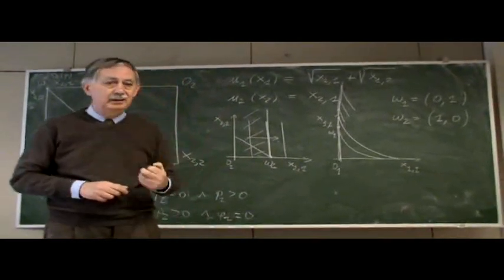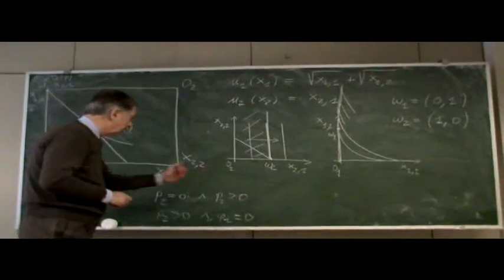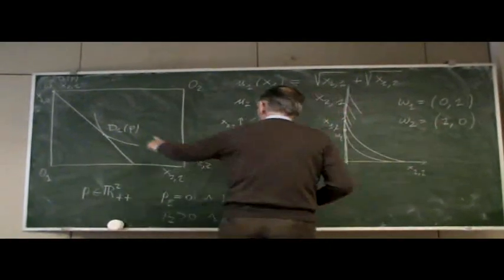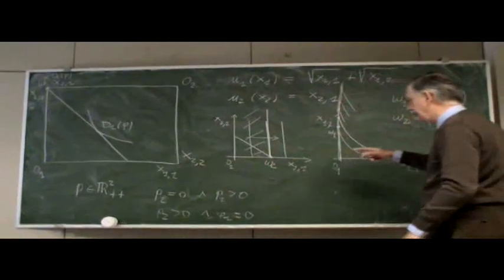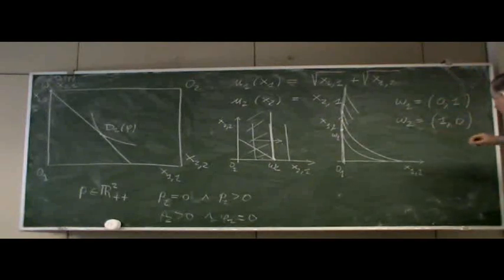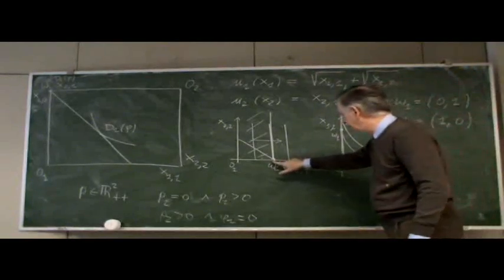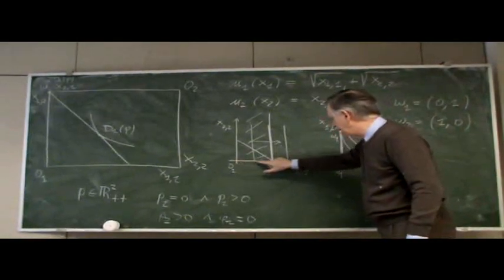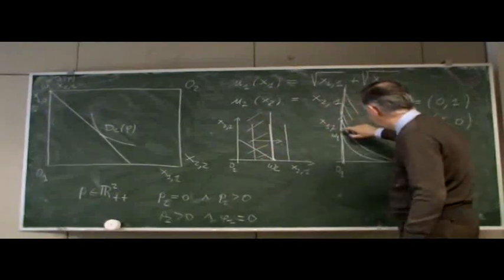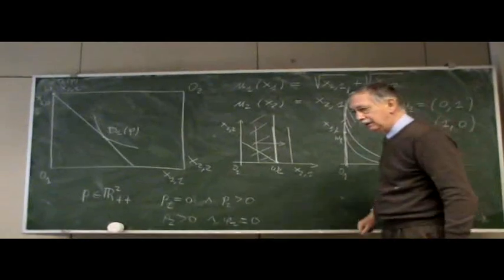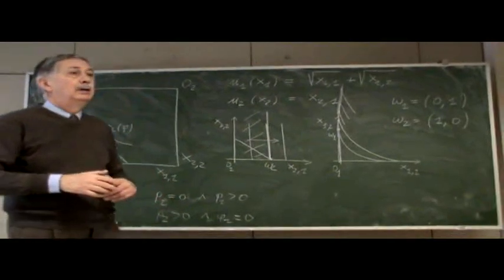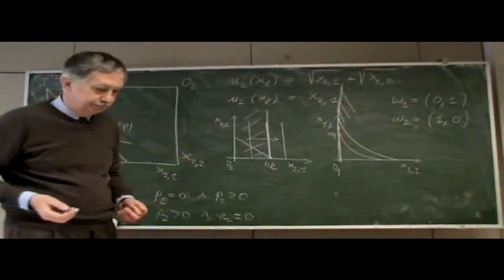The fact that some prices can be equal to 0, and the fact that the initial endowments are not interior points of the non-negative orthant, because they are on the coordinate axes. Note, omega 2 is on the border of the non-negative orthant, but also omega 1 is on the border. The combination of these two particular situations produces nonexistence of equilibrium.